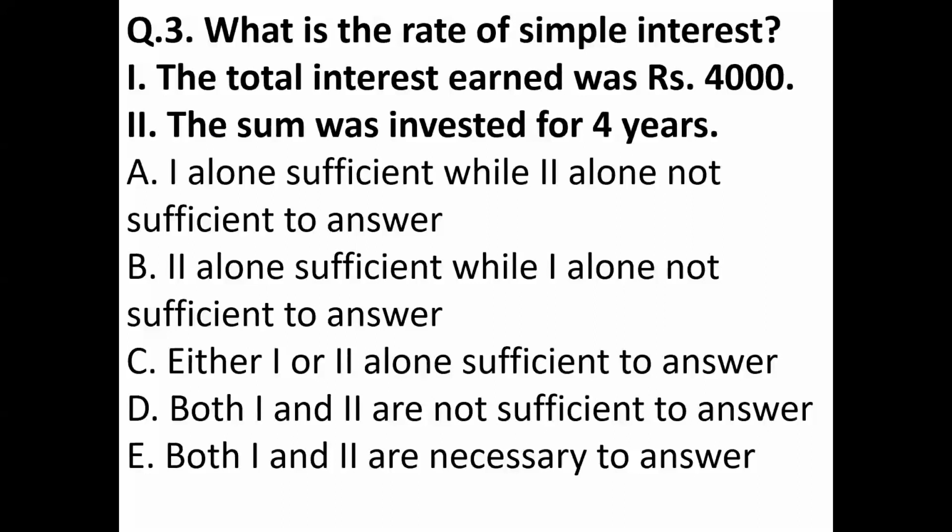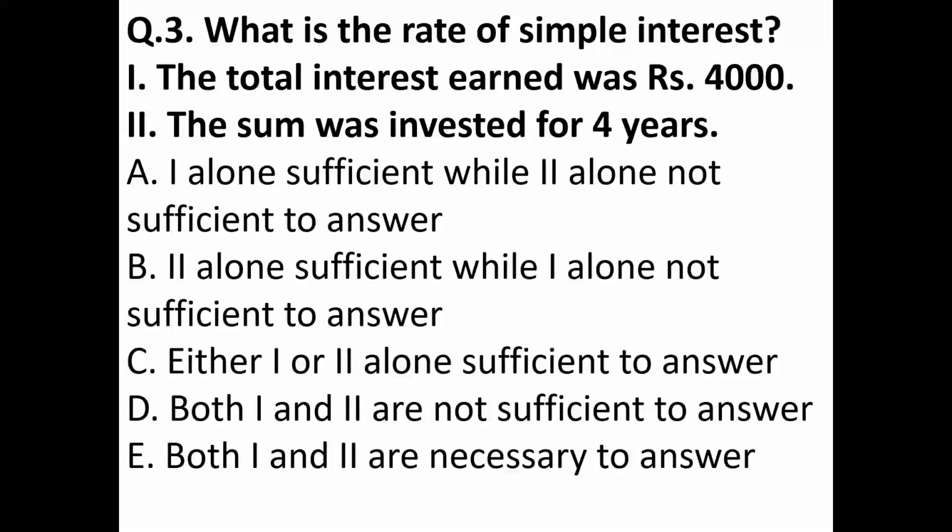Next is, what is the rate of simple interest? There are two points. First one is the total interest earned was rupees 4000, and the second part is the sum was invested for 4 years. Total interest earned, how much interest he has earned? For interest only he has earned 4000. And for how many years he has invested that amount? He has invested that amount for 4 years.